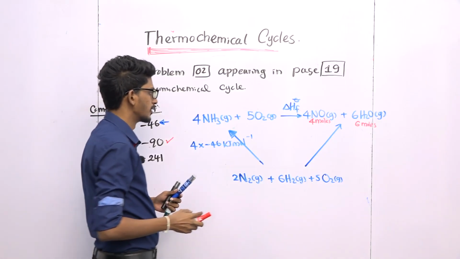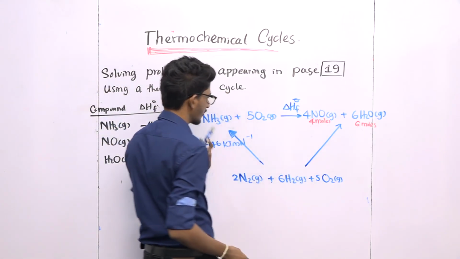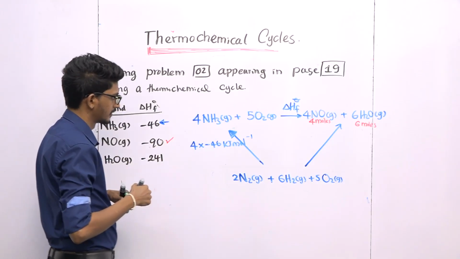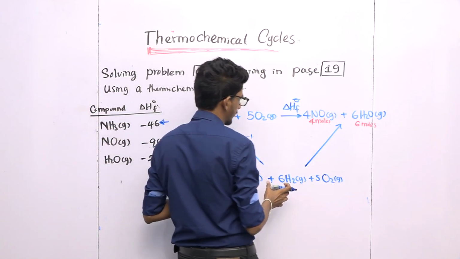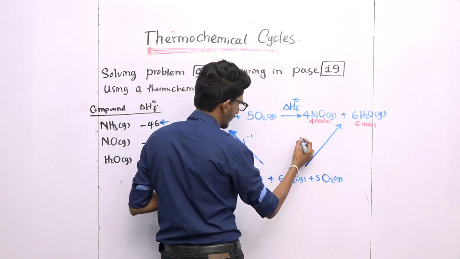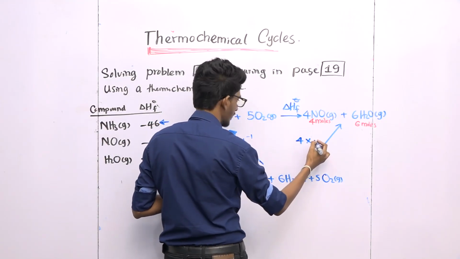But now we need to form 4 moles of NO gas, so you need to apply this energy change 4 times to form 4 moles of NO gas starting from the reference states. So it's 4 into minus 90.